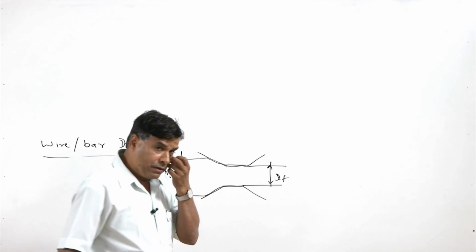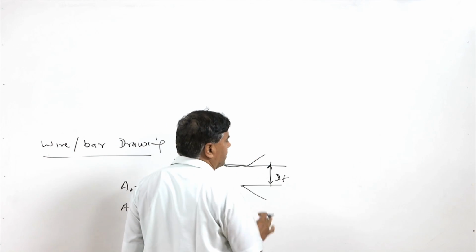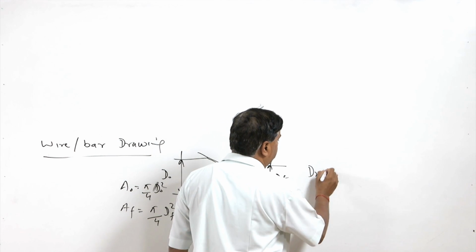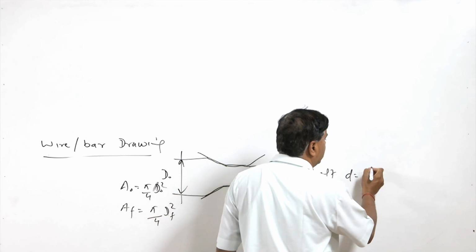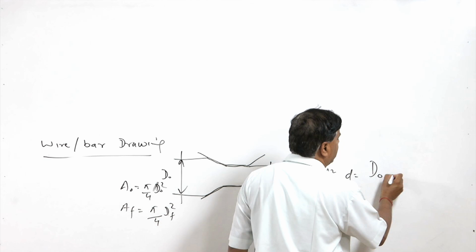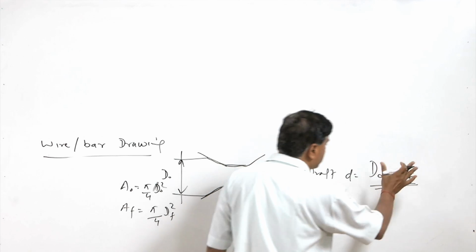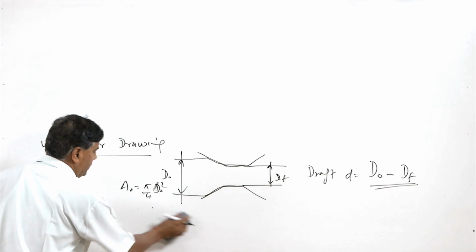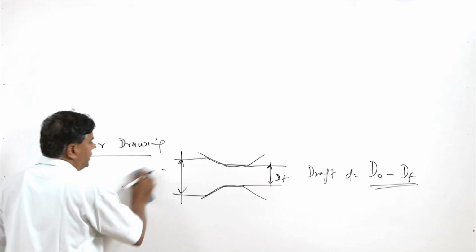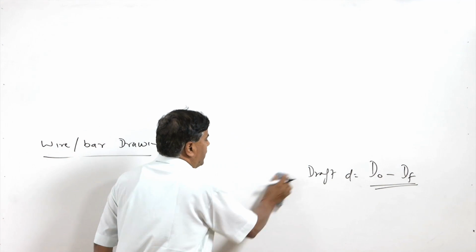Another parameter or term which is related to the reduction in cross section is the draft D, which is obtained from the difference of the initial diameter and the final diameter. So, this is a simple difference, the change in the diameter which is achieved after the wire drawing.